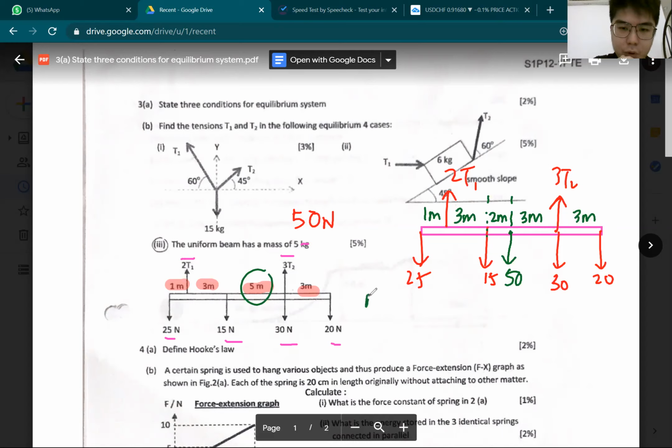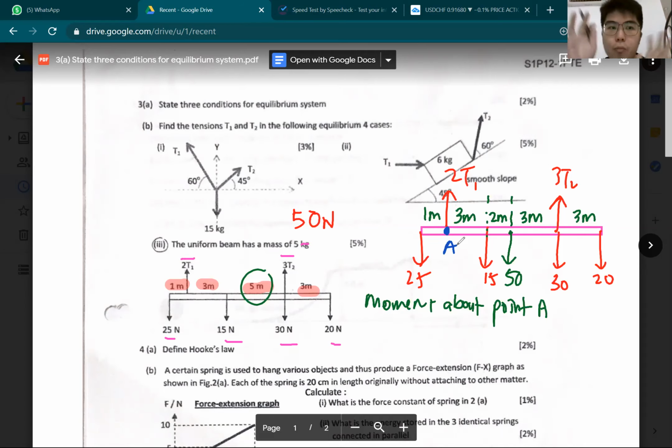For example, I say moment about point A. Let's say your point A is here, at this end of the beam. It can be anywhere. You have to pick a point to calculate the moment. Meaning that the point that you pick, you are assuming that point is a fixed point, just like the pivot I told you about just now. So you are calculating the moment based on that fixed point.